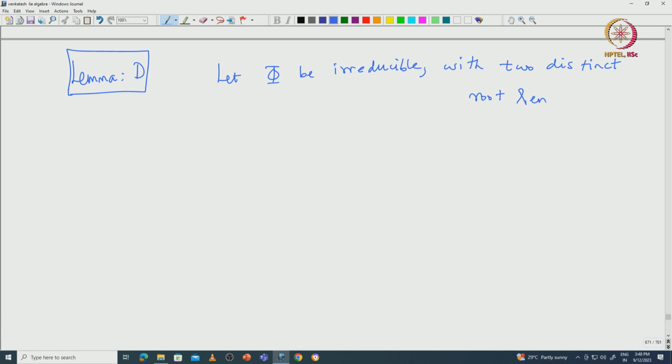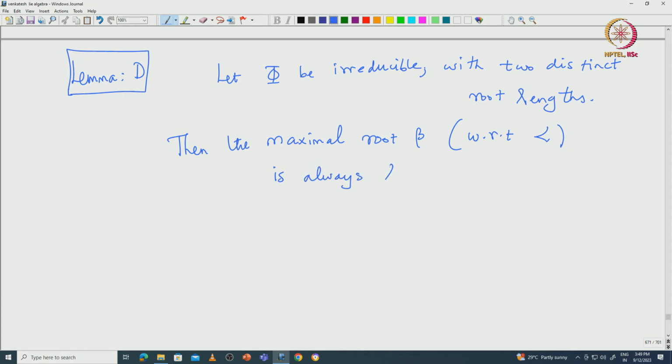For example, B2 and G2 both have 2 distinct root lengths, both are irreducible, that is also easy to verify. So, then the maximal element with respect to the partial order that we defined, that maximal element is unique. So, this is with respect to the partial order. You can prove that it is always a long root.